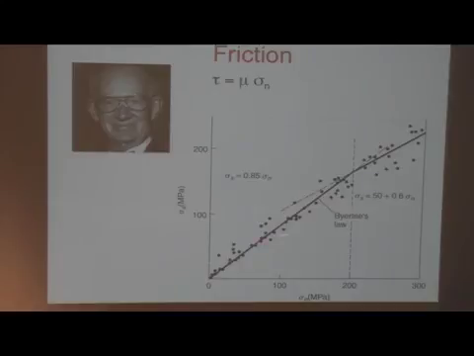Okay, so here's shear stress on the y-axis, normal stress on the x-axis, and what he found, and this is called Byerlee's law, is that there's a linear relationship, and that the slope tends to change.